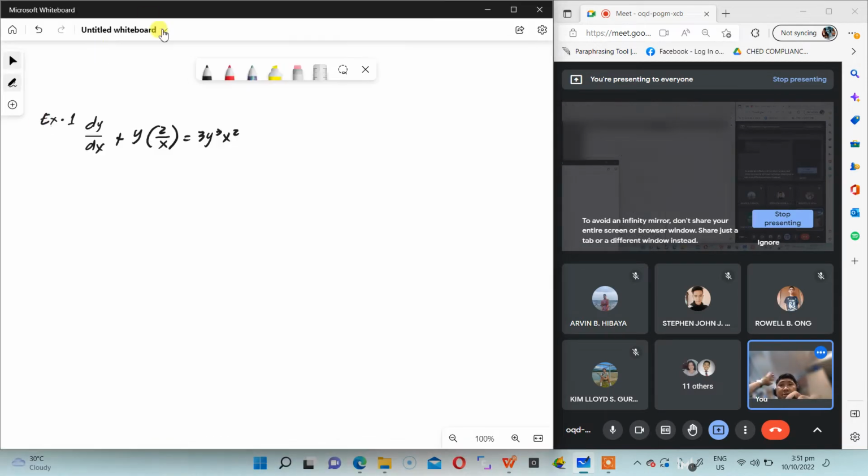Please look so we don't get lost. The first thing we need to do is, since this is already in standard form, dy over dx, we could look that it is already linear in y. In this case, this is your p of x, and this should be q of x.